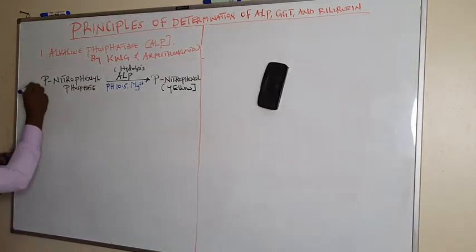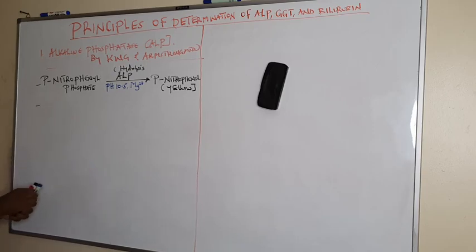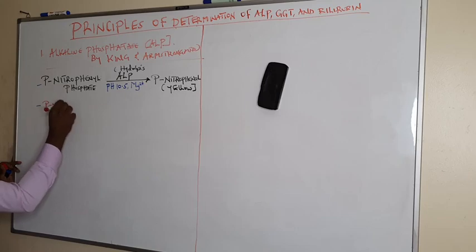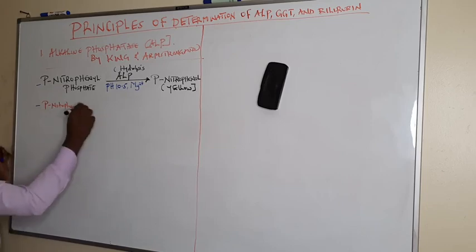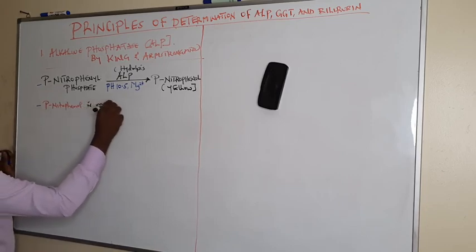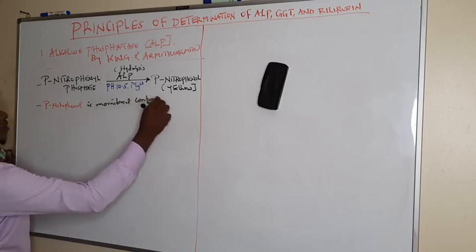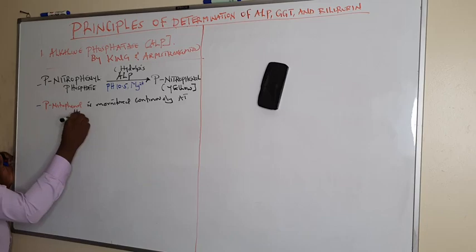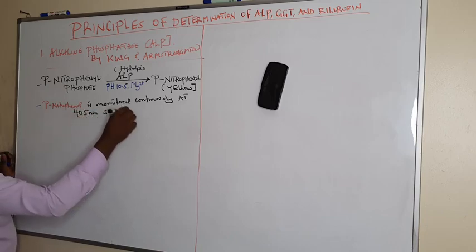And we're going to see that this yellow colored complex formed, the P nitrophenol, is monitored continuously. So this is a kinetic method, monitored continuously at 405 nanometer wavelength using a spectrophotometer.